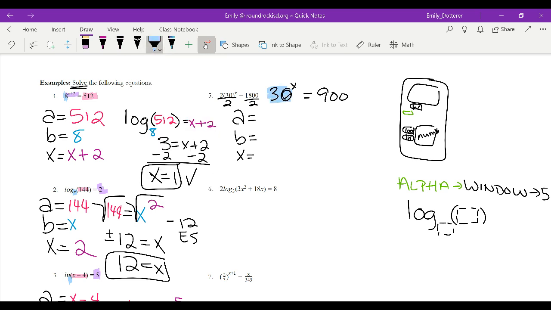Here we've got b. x is our exponent, which in this case is actually x.